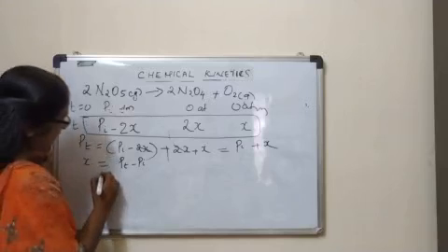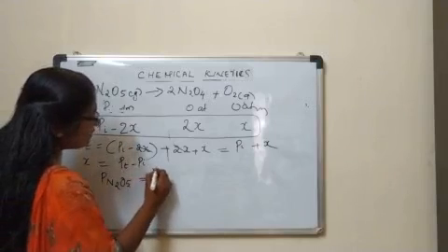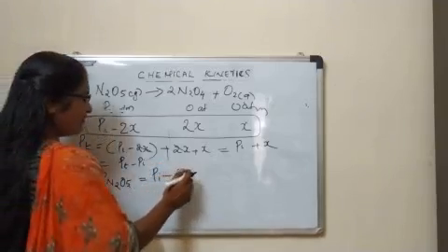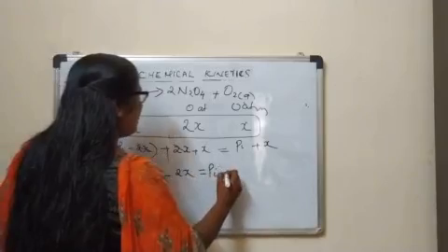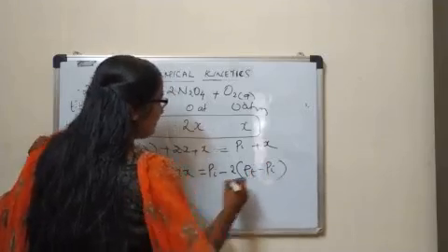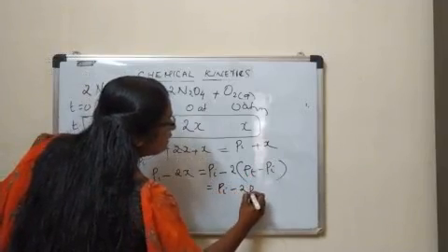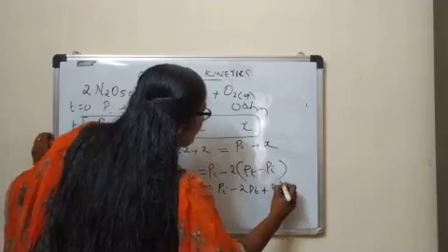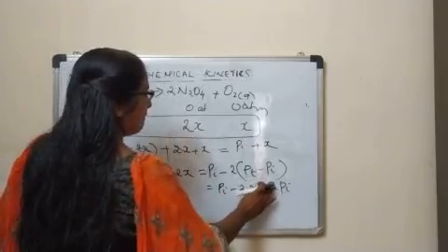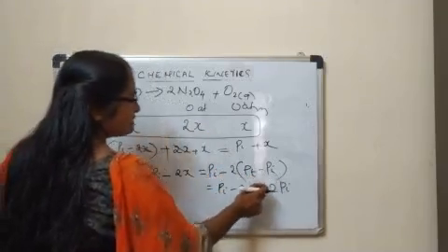Then we know the pressure due to N2O5 is equal to Pi minus 2x. Substituting the value of x, that is Pi minus 2 into (Pt minus Pi), which is equal to Pi minus 2 Pt plus 2 Pi. Here minus 2 into minus 1 is plus 2 Pi.